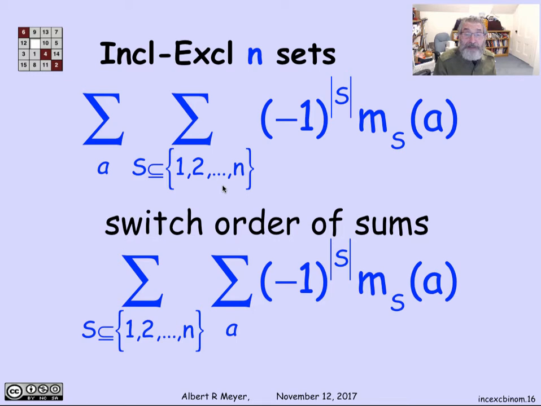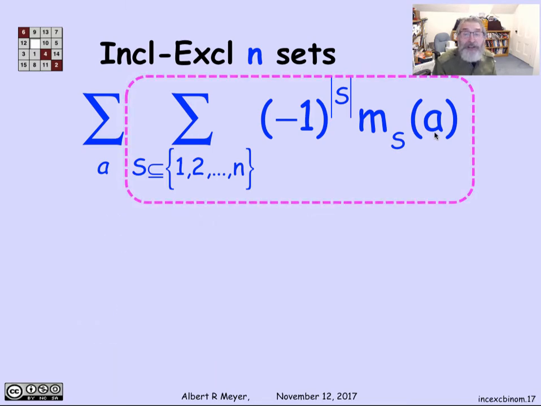And that turns out to be a useful trick, because now I'm summing over a's of this formula, and this formula, in fact, if you think about it, is the one that's telling me how many times a is counted in the sum. So this is the term that is the formal definition of the number of times that a is counted.